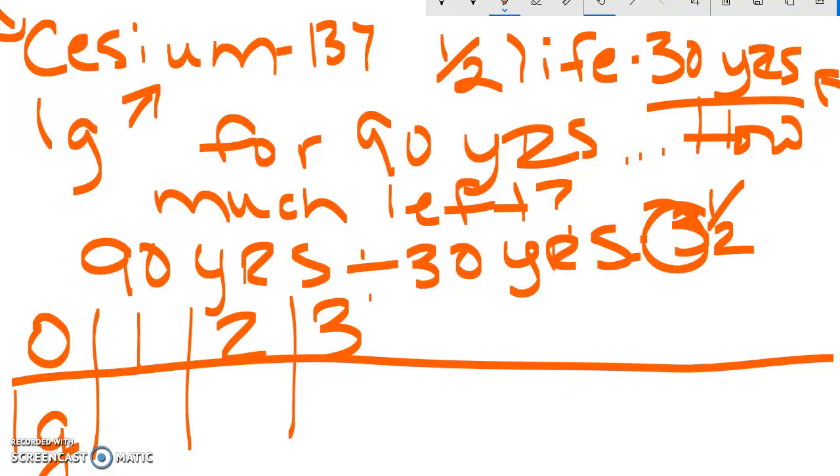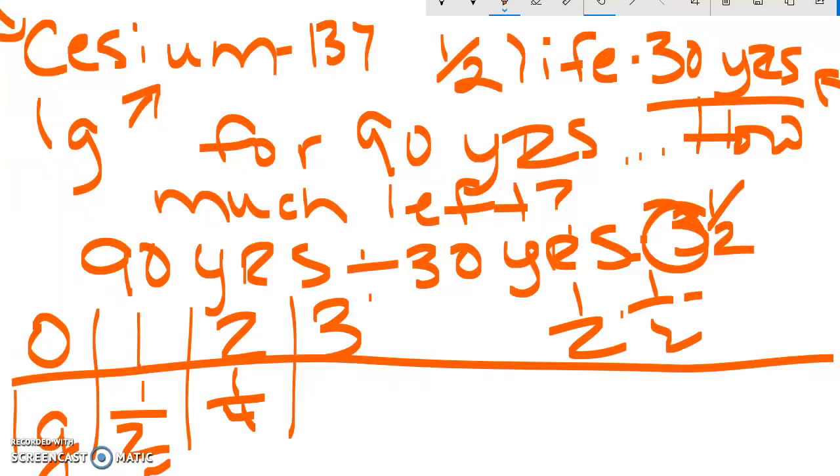Okay, after one half-life, you have half of that left. So half of 1 is 1/2 gram, or 0.5. After 2 half-lives, you have 1/4 of it, because 1/2 times 1/2 equals 1/4. And if you look at that as a decimal, it's 0.25. Okay.